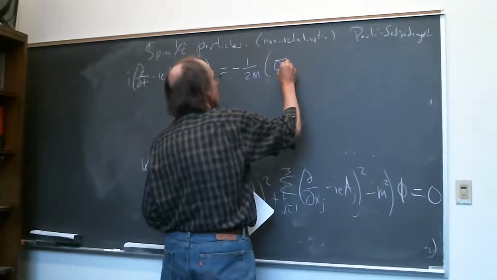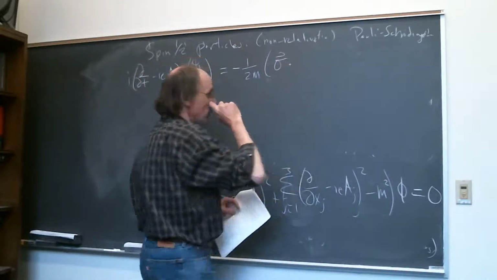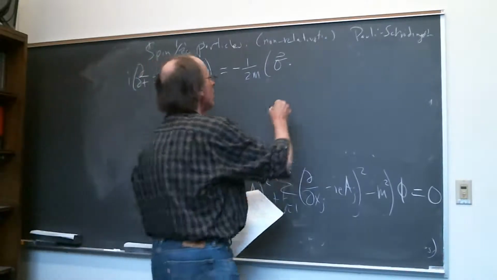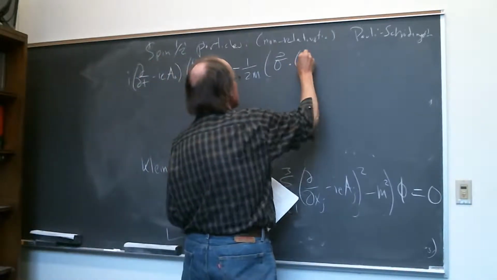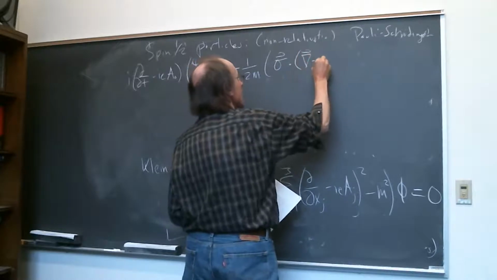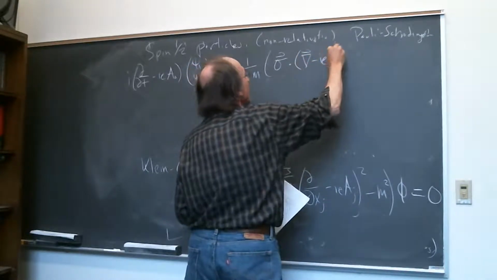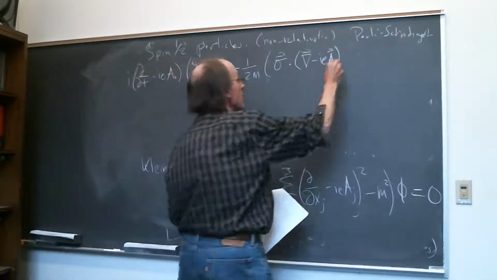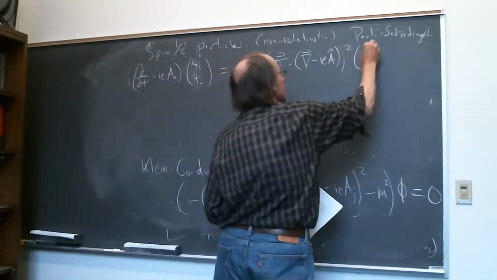So you're taking sigma vector and you're dotting it with what was your momentum. So it's going to be with the derivative, so it's grad minus i e A vector. And then this guy you're squaring and acting on psi 1.